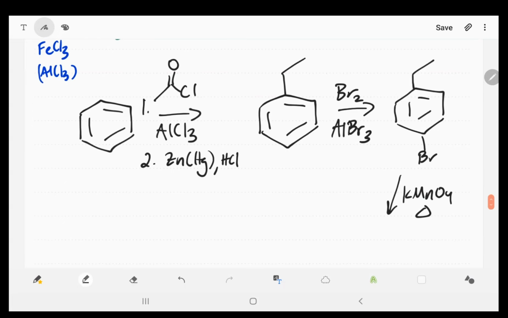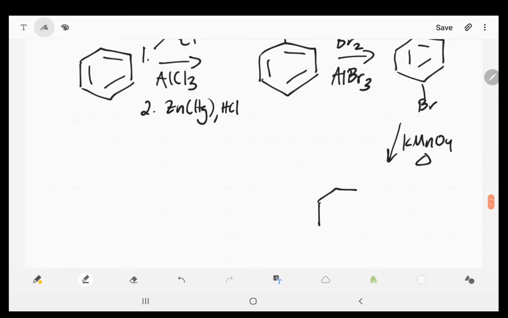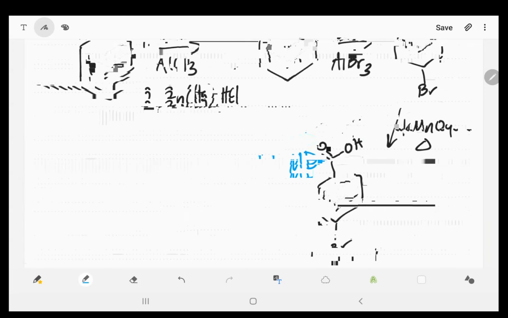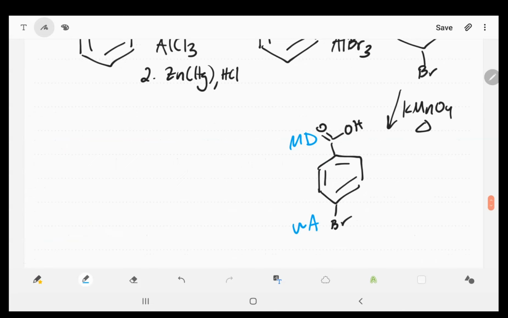If we do this, now this one here is a moderate deactivator. This one's a weak deactivator. The strongest activator always wins. So between these two, the closer one to an activator is the bromine, right?